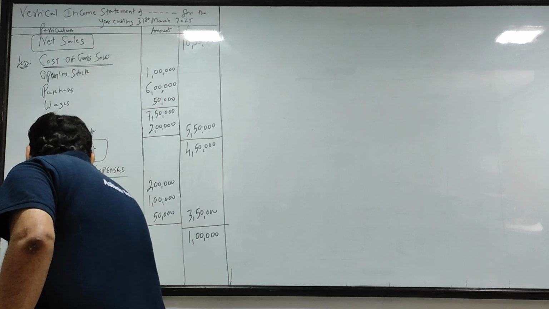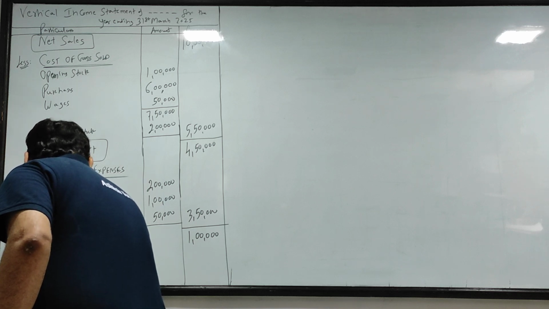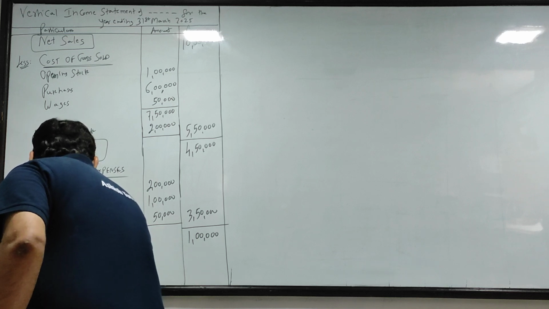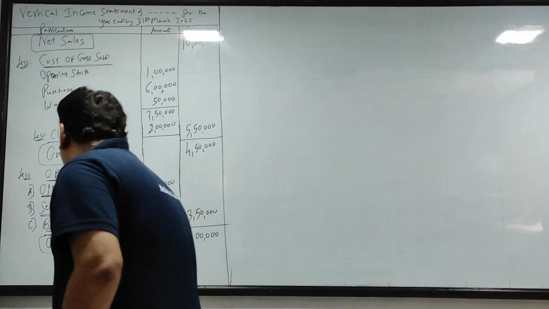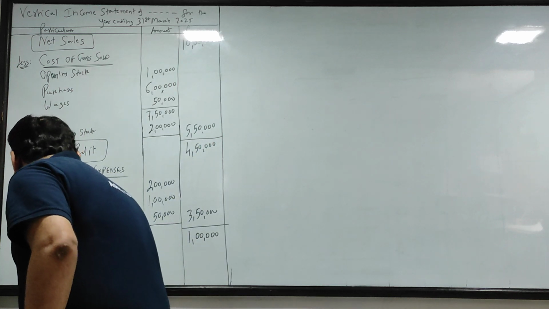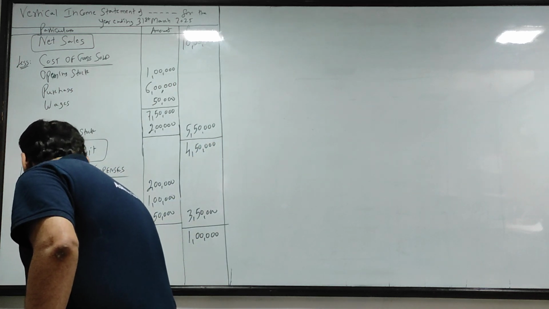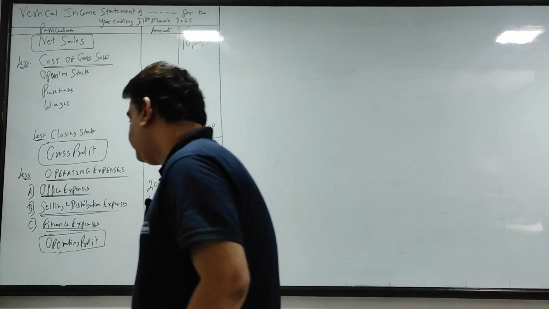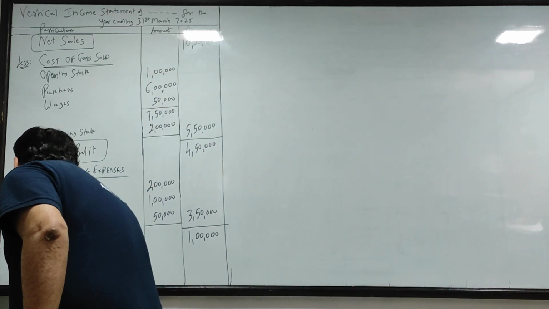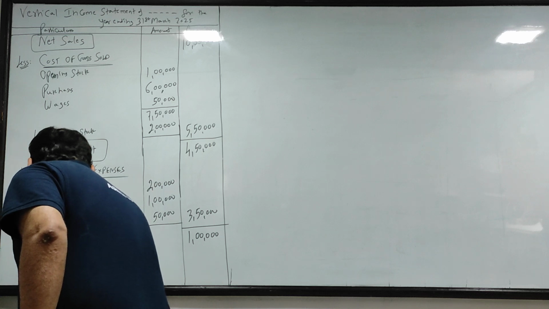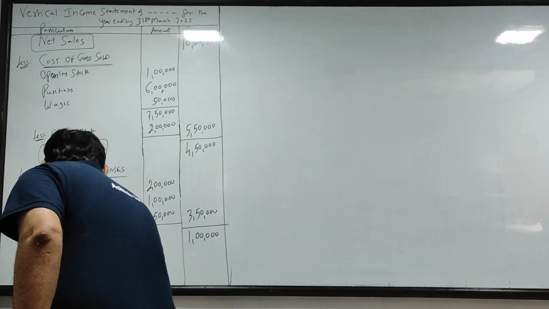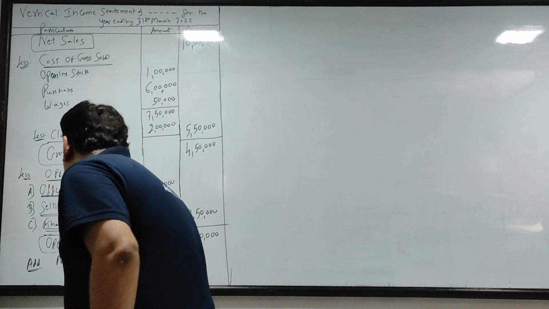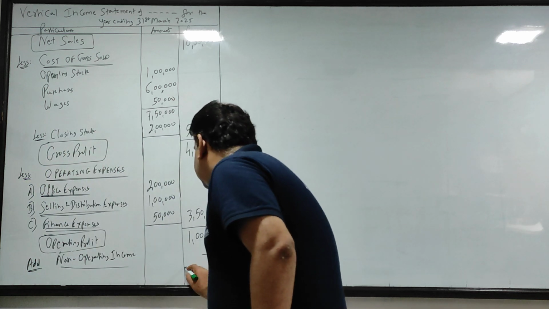becomes my operating profit. Okay. To this I will add non-operating income which is not there in this sum.